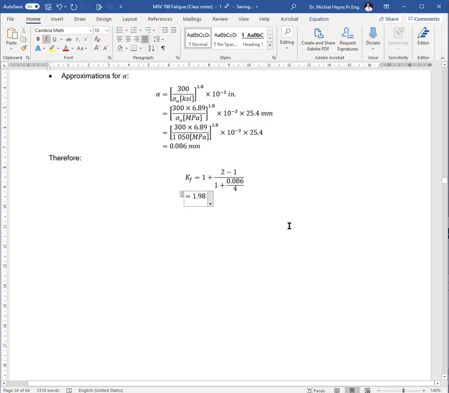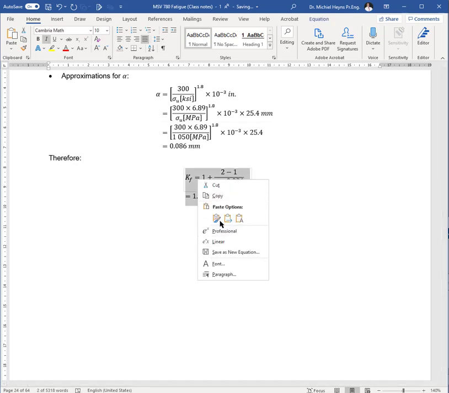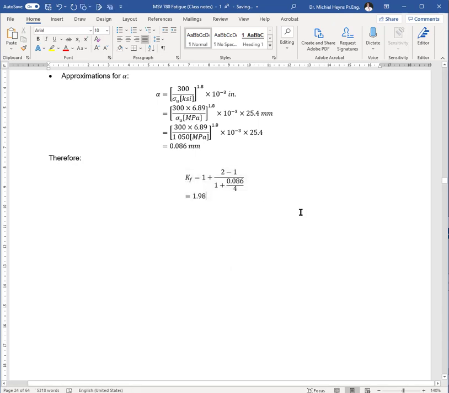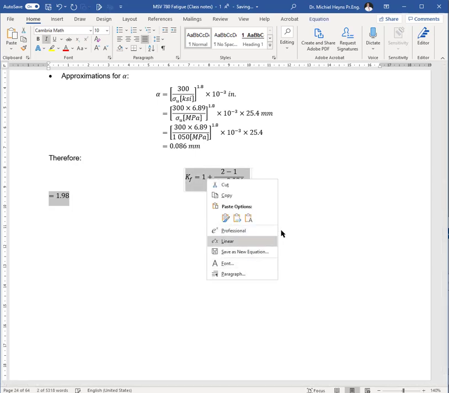We expect the notch fatigue factor in this case to be very close to the theoretical stress concentration factor, and the reason why we expect that is because of the high tensile strength. So that's why we expect these to be very close to each other.